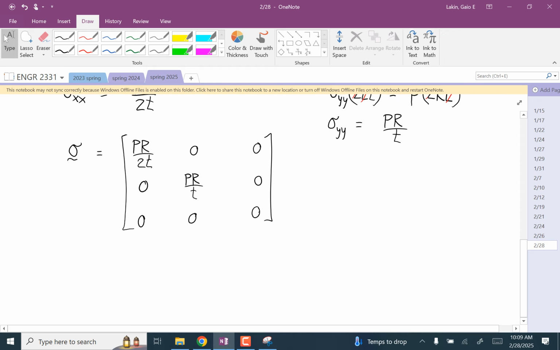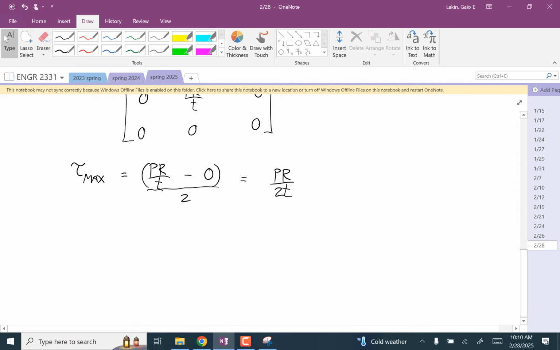And that says then that the max shear stress is PR over T, the max principal stress, minus 0, the min principal stress, divided by 2. So that's PR over 2T. Okay? And then the strain, well, remember the Voigt strain is equal to the compliance times the Voigt stress.